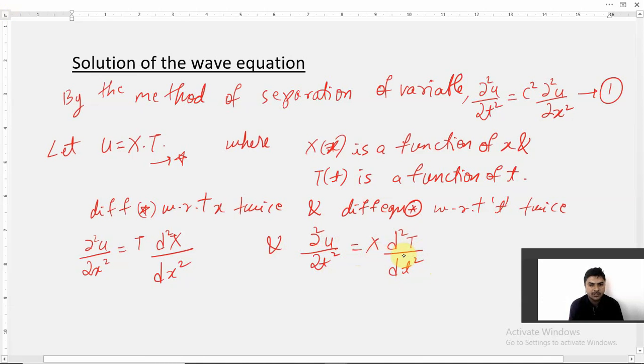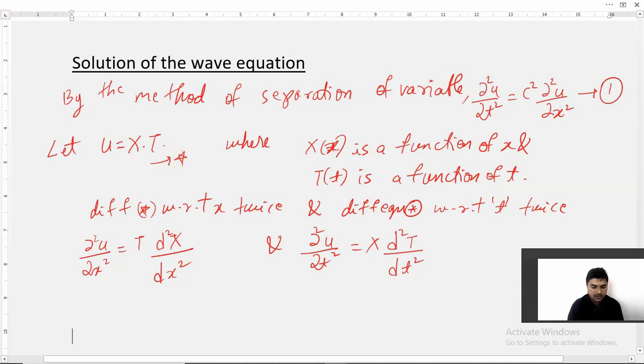So why have I taken d here friends? Because only one variable is there. Whenever one variable is there, partial differential equation or ordinary differential equation, the answer will be same. Therefore I have written in terms of ordinary differential equation.